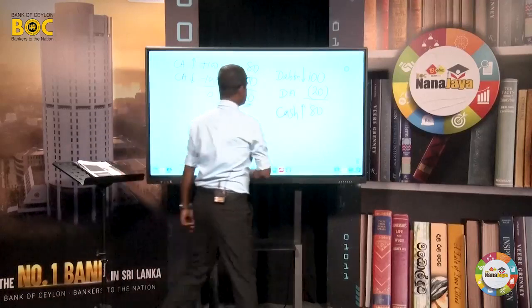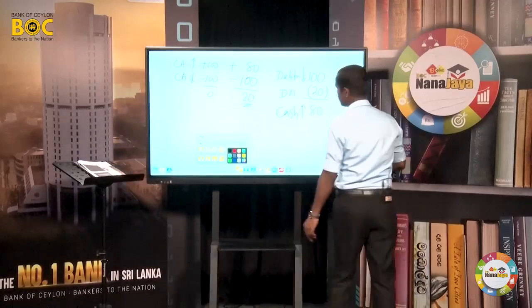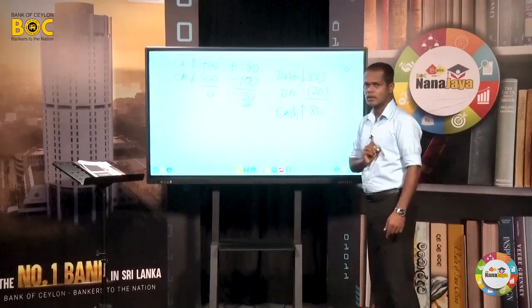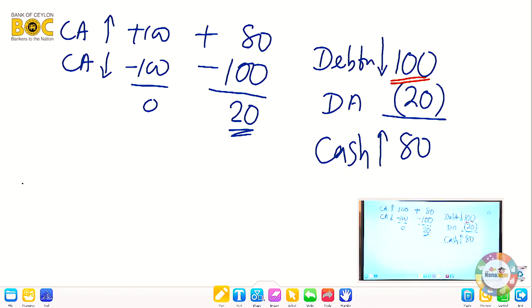But in the second situation, debtors decreased by 100, cash increased by 80. Discount allowed is an expense. Your working capital changed due to discount.